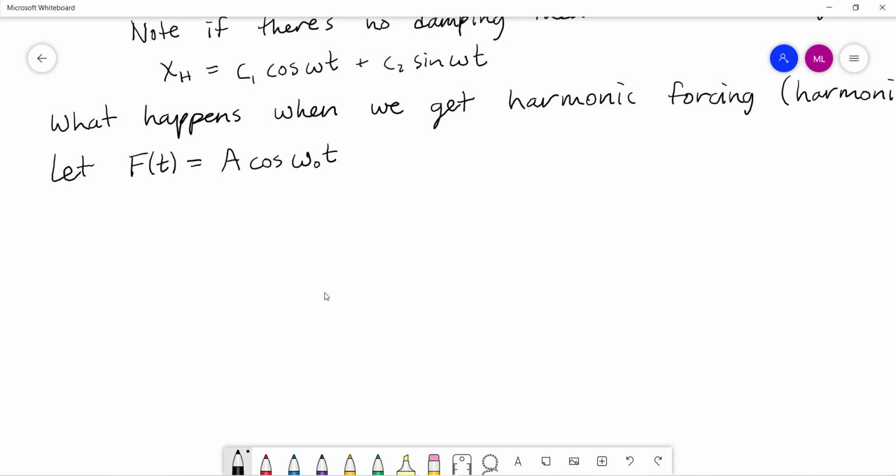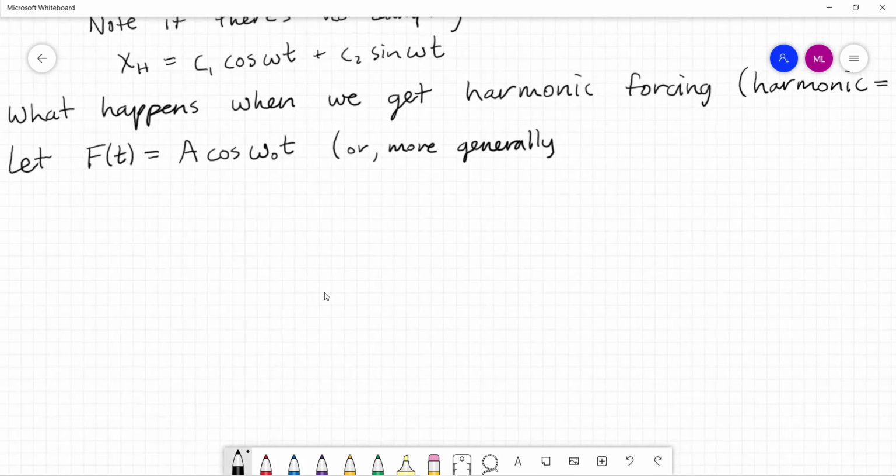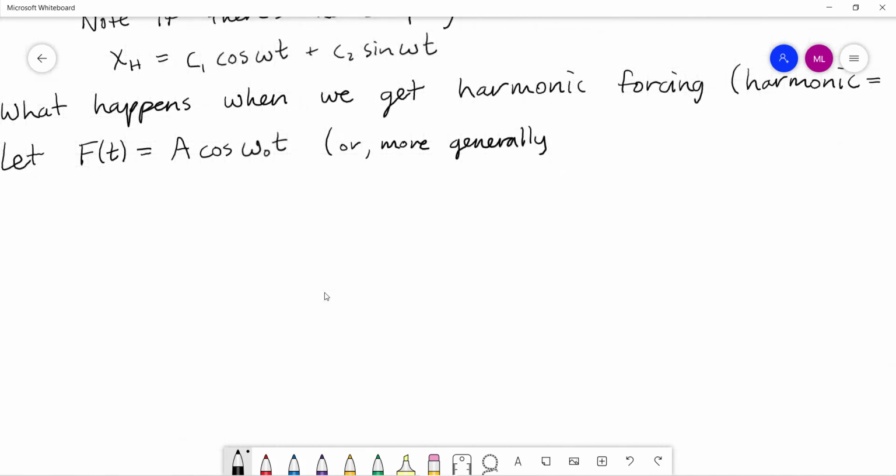Or more generally, and this will make it easier to work with, instead of specifically picking the cosine function, I could have just as easily picked sine function. Or more generally, let's call it a times e to the I omega naught t.